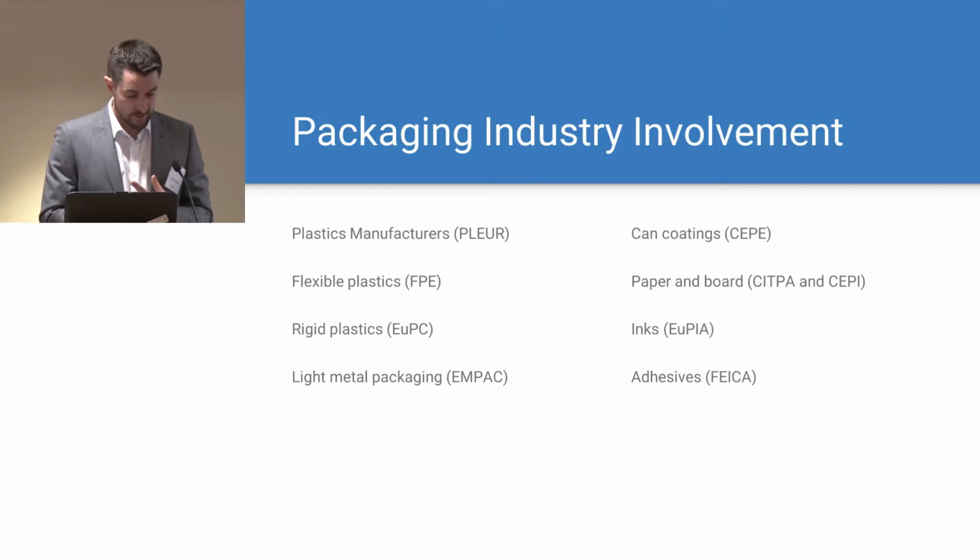We had European Plastics Converters. We had metal packaging represented by MPAC. We had the can coatings industry represented by CEPI. We had the paper and board industry, so we had SITPA, who represented the people who construct the actual paper and board packaging. We had CEPI, who represented the paper mills. We had the European Printing Inks Association, UPIA. We also had the adhesives, and there were a couple of others as well in and around the fringes.